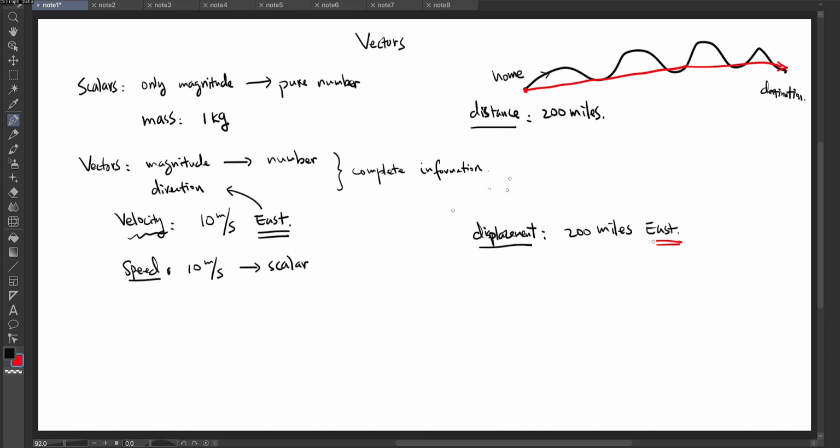Okay, so I hope that makes sense to give you the different concept of distance and displacement in terms of the difference between scalars and vectors. And again, a lot of physical quantities are vectors in physics. And in the next, I'm going to talk about some numerical operations we can do with vectors, which are different from the scalar operations.